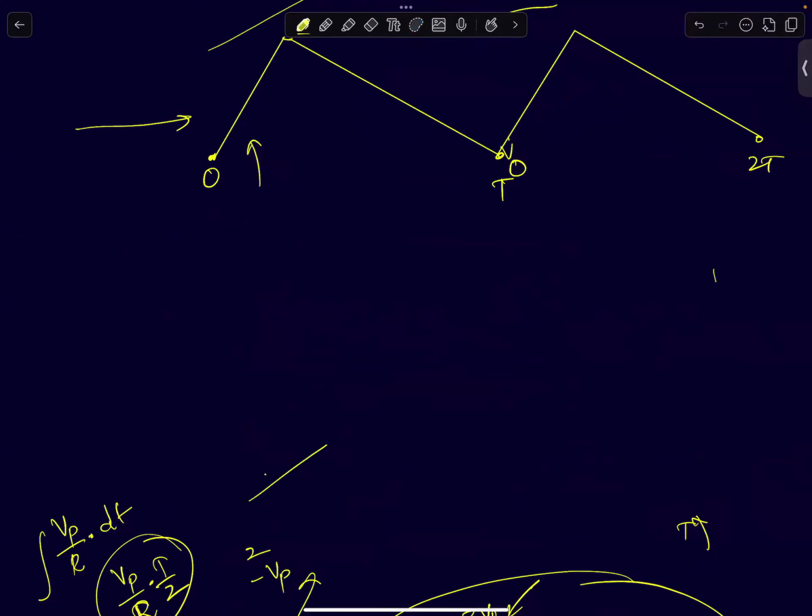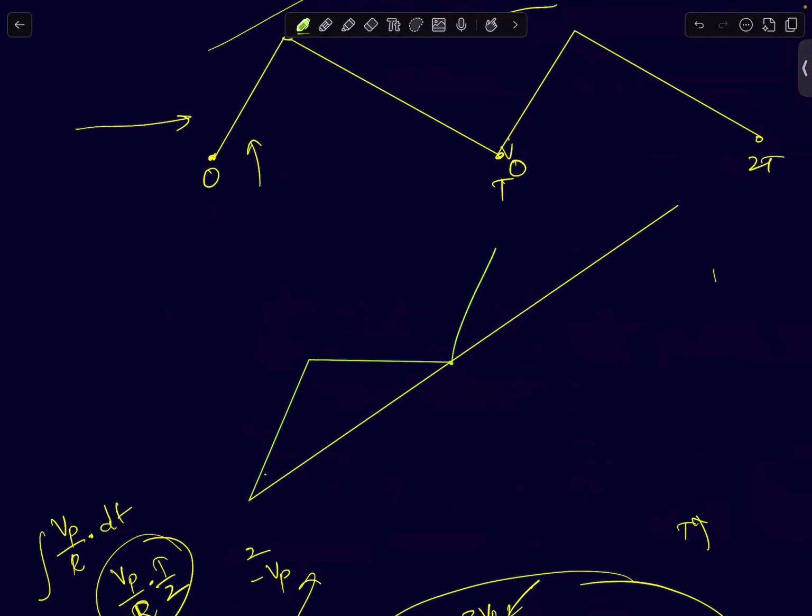Let's assume this is your ramp. Your waveform should look something like this.